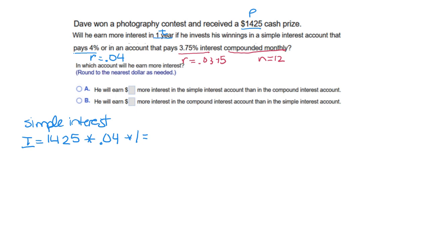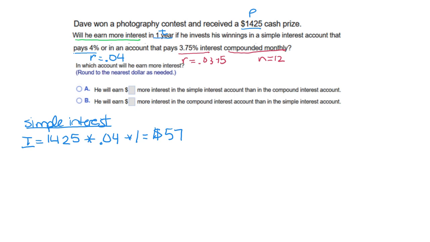So the amount of interest earned on the simple interest is $57. It says on here, will he earn more interest on the simple interest investment or the compound interest? So this is our simple interest investment on this first one.